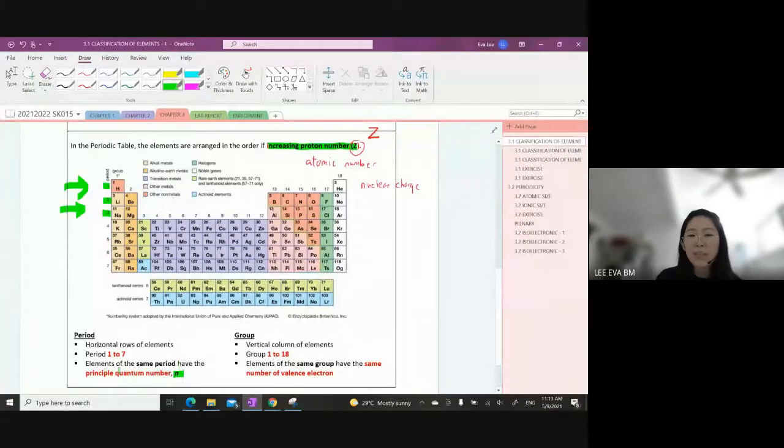So elements of the same period will have the same energy level. To remind yourself, principal quantum number n is the same terminology as energy level, or sometimes we call it shell. So when Madam mentions shell, energy level, or principal quantum number, we can use the symbol n. Everyone's alright?